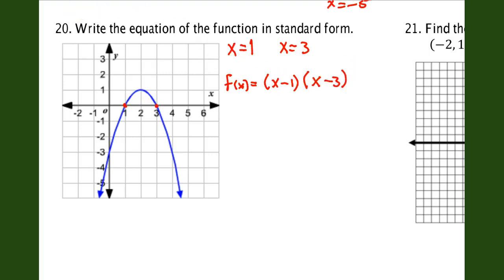Multiply it together. Of x squared minus 3x minus 1x and plus 3.